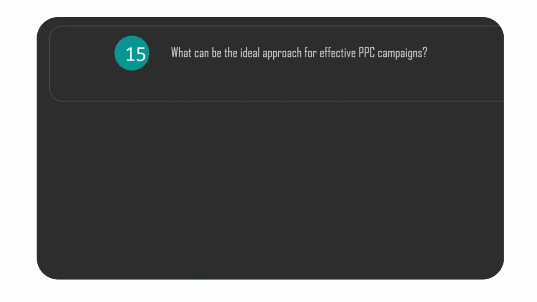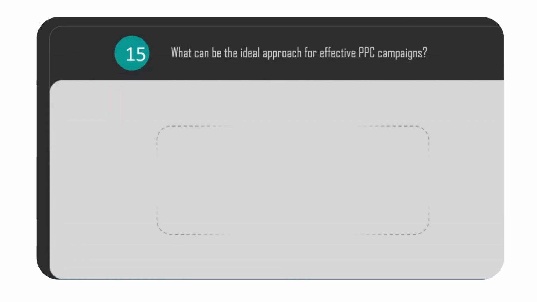Now, moving on to the next question: what can be the ideal approach for an effective PPC campaign? So, how can you make good use of PPC campaigns? Follow these instructions for an ideal approach. Add more PPC keywords to expand your reach.